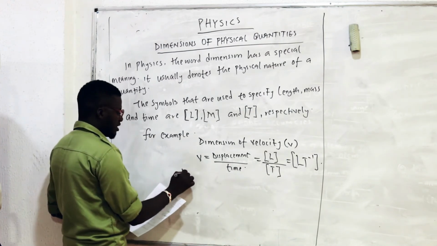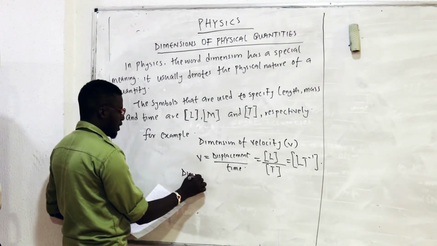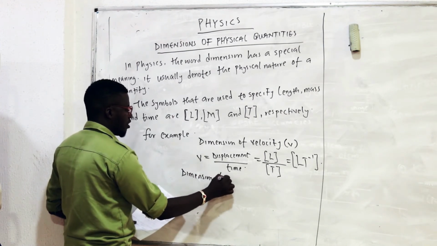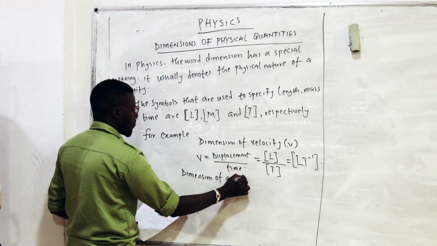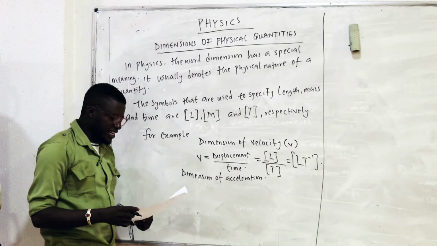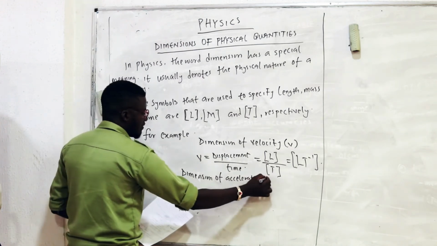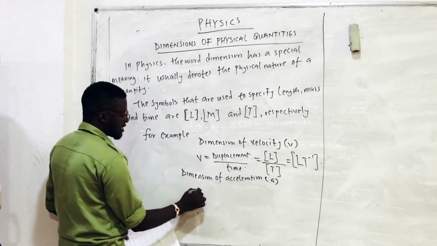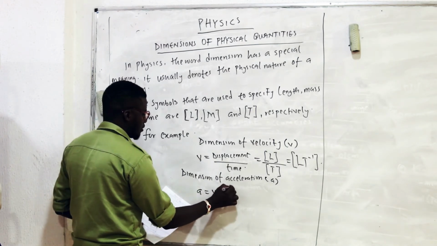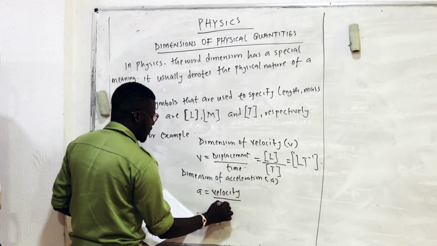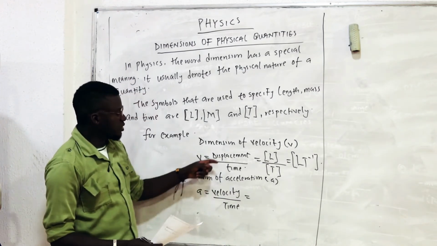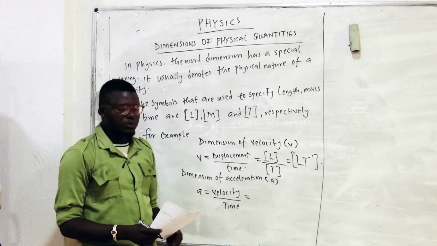Then the next one is if I'm looking for the dimension of acceleration. For me to get the dimension of acceleration, which is denoted with a, my acceleration is equal to velocity over time. Now, my dimension of velocity is given as LT raised to the power of minus 1.